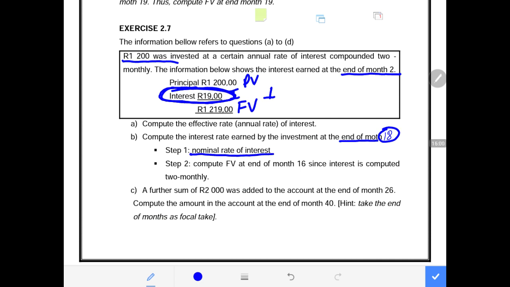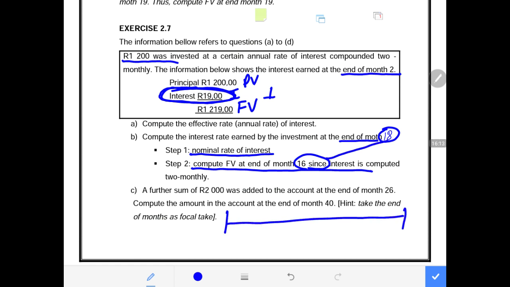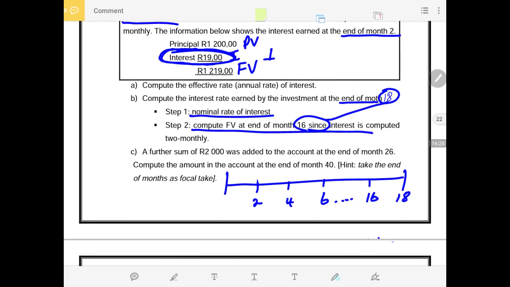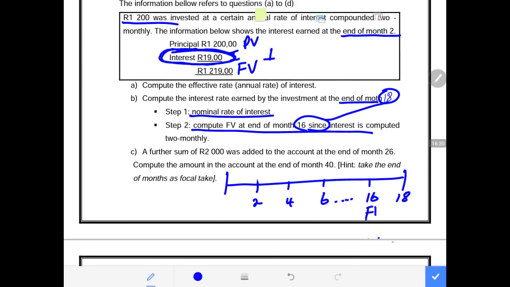Then what we need to do next is to calculate the future value at the end of month 16, which is a period before month 18. And once again, I told you that we have a period of 2 months. We have 2, we have 4, we have 6, then it goes, we have 16, then we have 18. In other words, we need to get the future value at the end of month 16, the future value at this period.